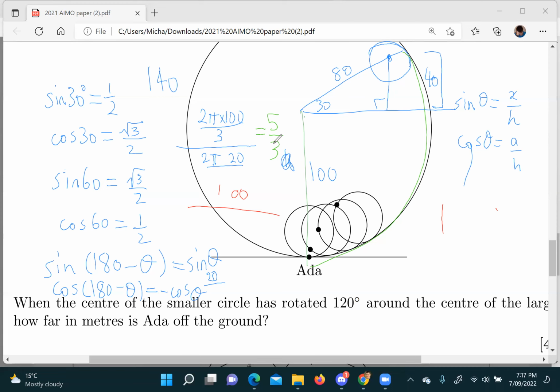So 2/3 would be 240 degrees. So 240 degrees this way, right?